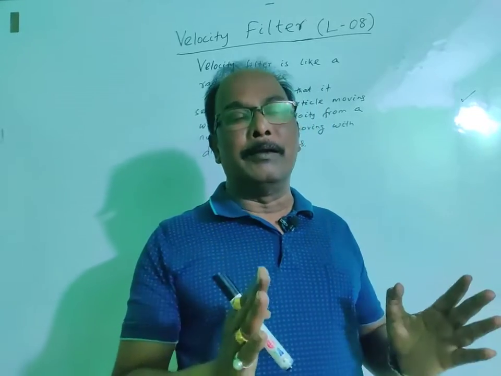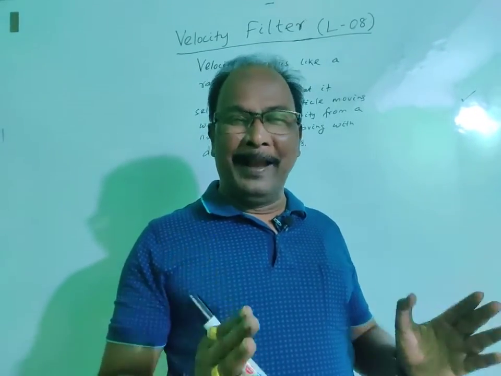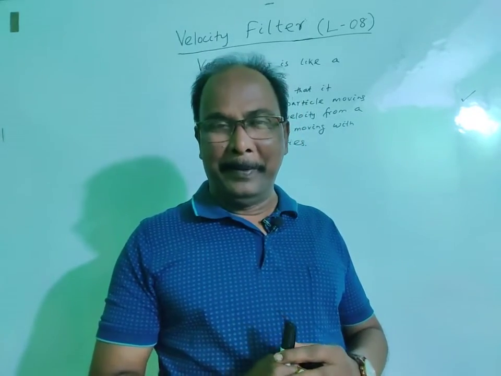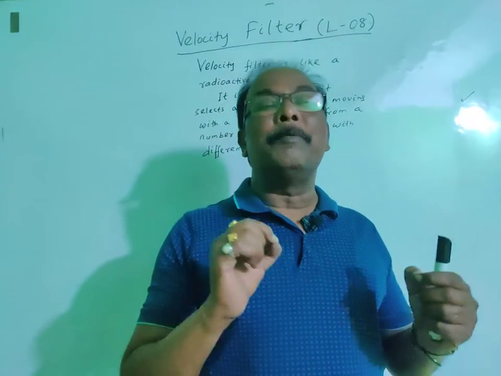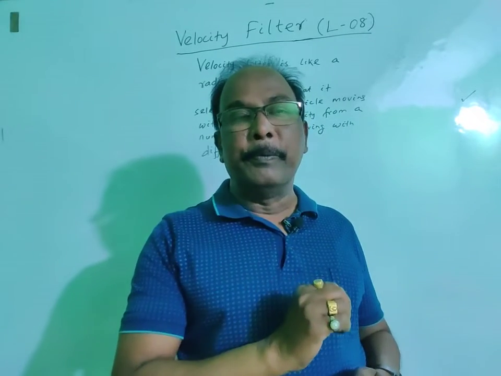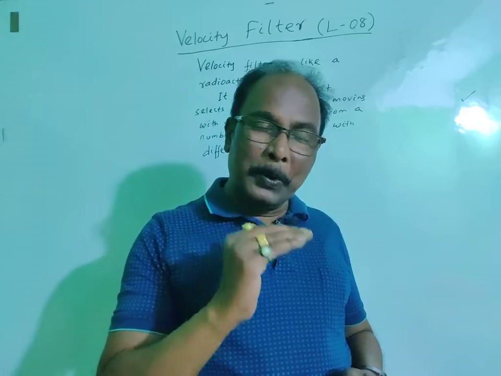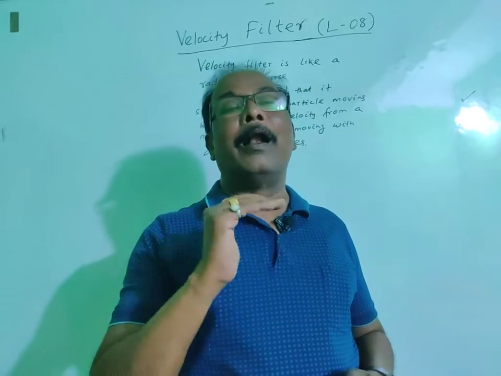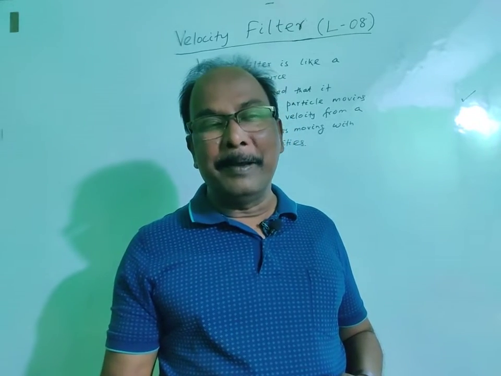Finally in this chapter, we have discussed motion of a charged particle in combined electric and magnetic field. In that case the resultant force experienced by the charged particle is due to the vector sum of the force experienced in the electric field and the force experienced in the magnetic field.